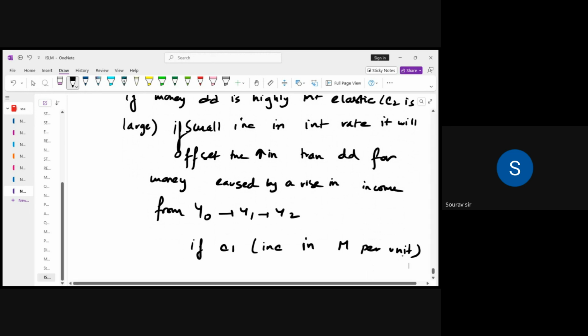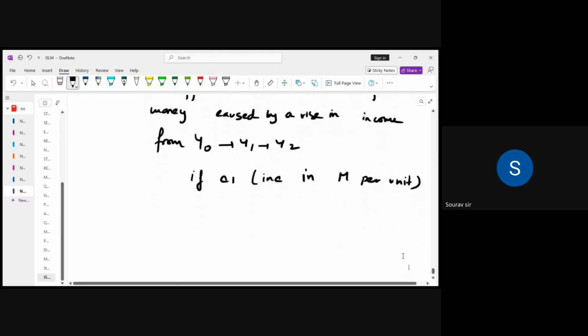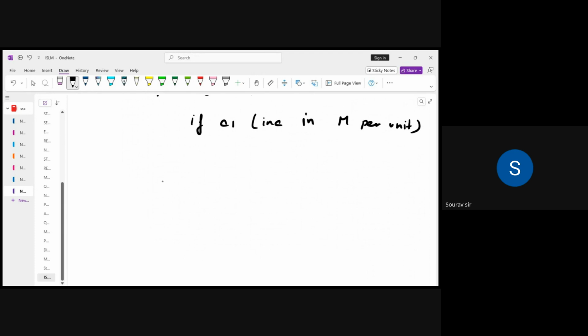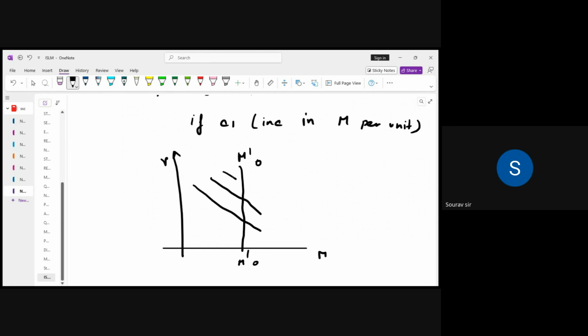Okay, the diagram goes like M and this is R. This is MD at Y1, this is MD at Y2.